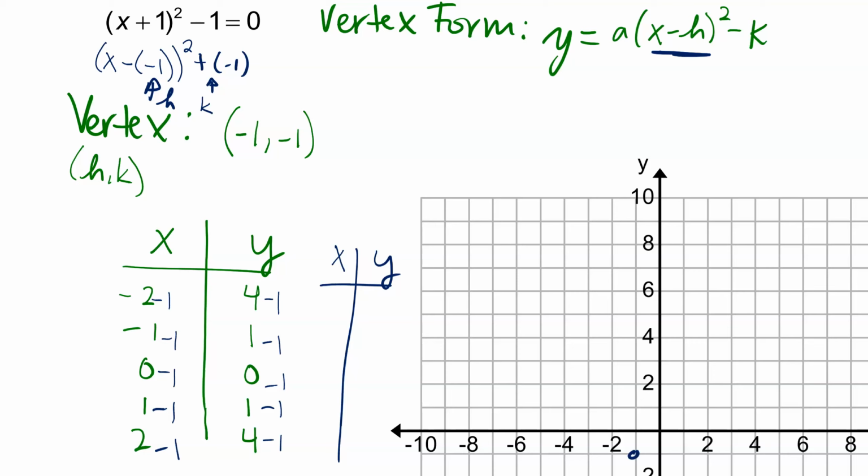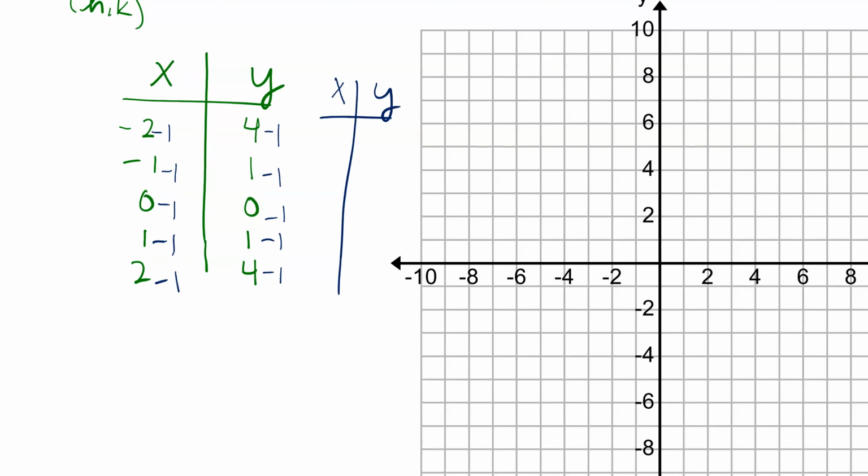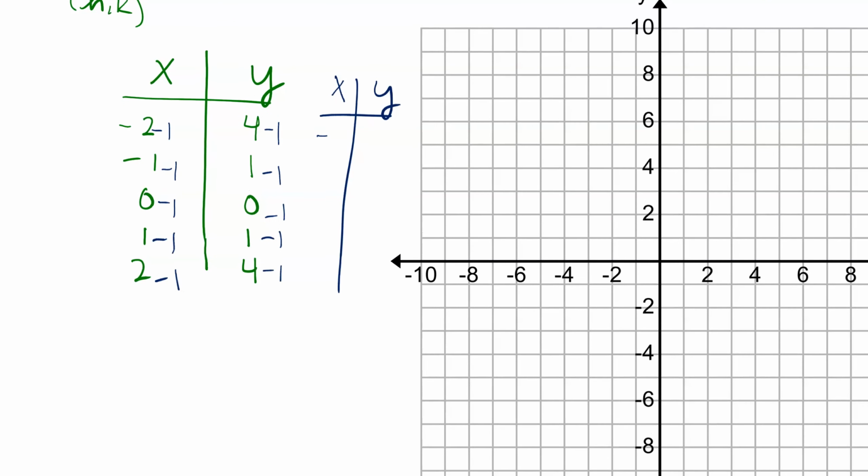So it'll literally be right here. Normally my vertex is at 0, 0, but I'm shifting it over 1 and down 1. That's why I'm subtracting 1 from all my x's and subtracting 1 from all my y's. Every point, left 1, down 1. So I'm going to rewrite my new points: -2, 0, -1, -1, 0, 0, 1, 3.